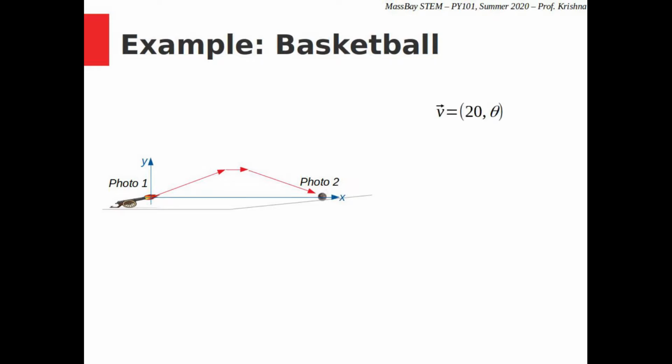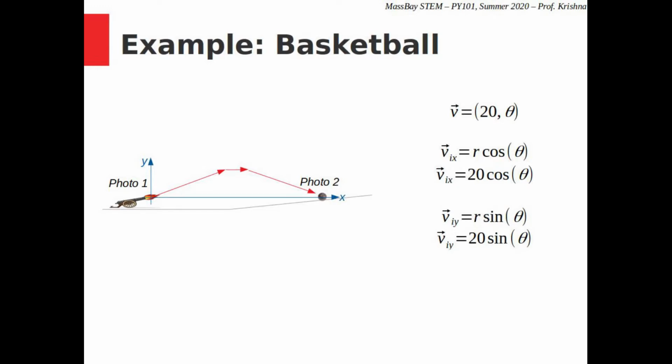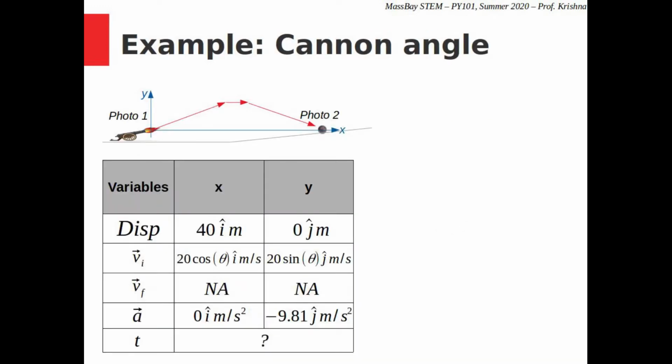This time, the size of vi is known, but the angle is not. We can still break vi into its components as before. The x component of vi is 20 cos theta, and the y component is 20 sine theta. Let's put these values into our table. Now, in each direction, time and theta are unknown.